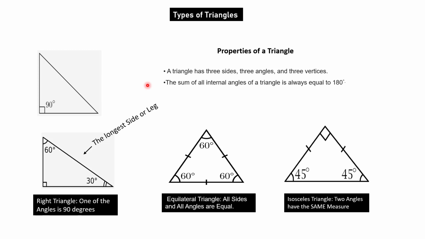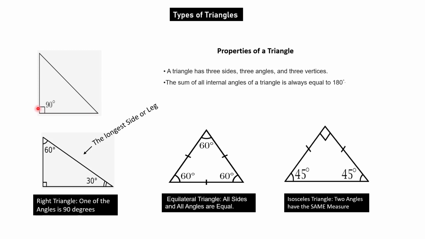These two are the most important properties of a triangle. First, a triangle has 3 sides, 3 angles and 3 vertices. Look at this triangle. This is a side. This is also called the base of the triangle.